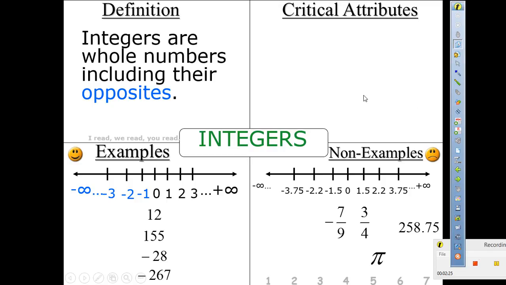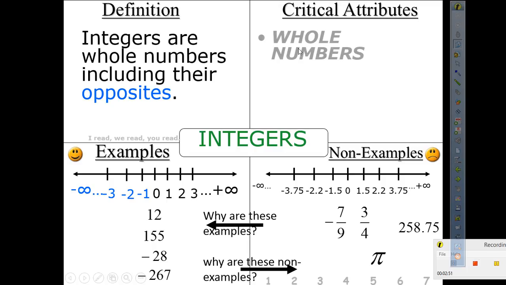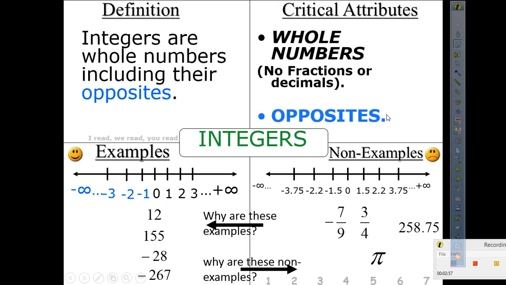Percent. I guess because we're multiplying times a fraction. Therefore, what's the most important thing about integers? That they are whole numbers, no fractions or decimals, and their opposites. Copy that, please.